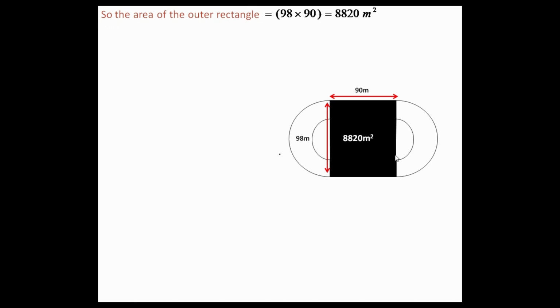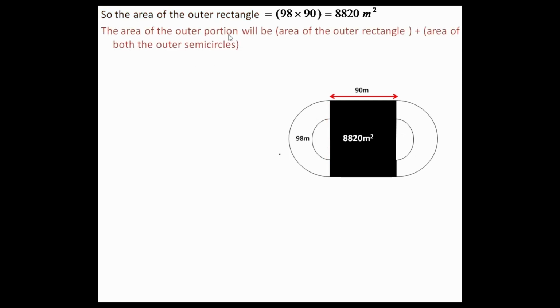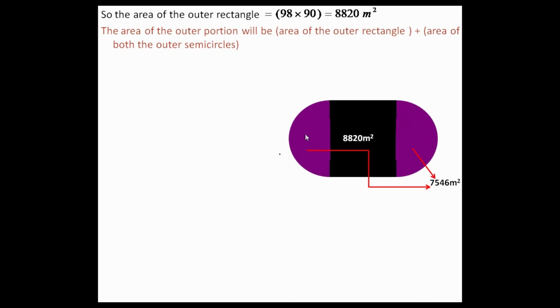Now it's simple to carry out the area of the outer portion. We know the area of the outer rectangle. We know the area of both the large semicircles. So the area of the outer portion will be the area of the outer rectangle, this area 8820 meter square, plus the area of both the outer semicircles, this purple portion, which is 7546 meter square.